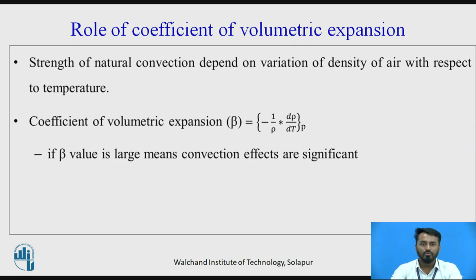If the beta value is very large, convection effects are significant. Similarly, if the beta value is low, the convection effects are least significant. The formula of coefficient of volumetric expansion is beta equals negative of 1 by rho, d rho by dT at constant pressure.